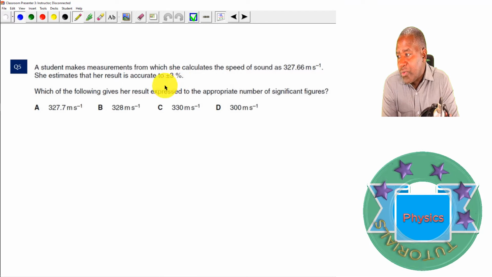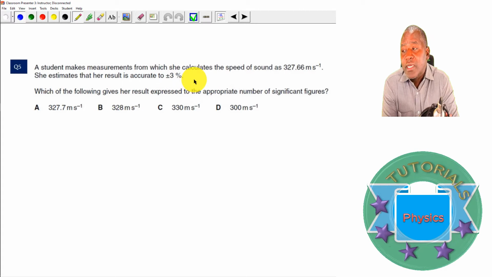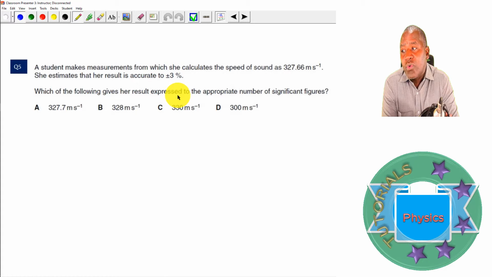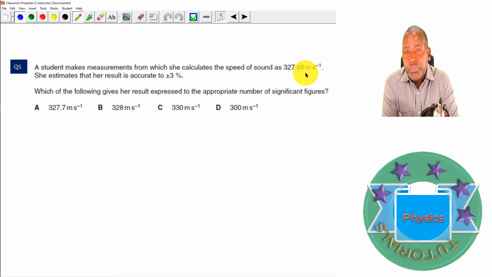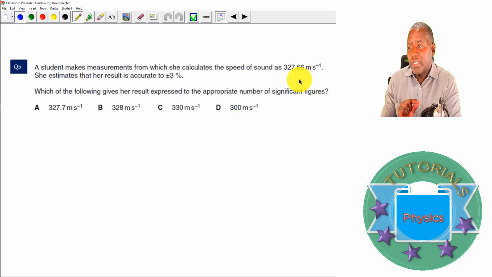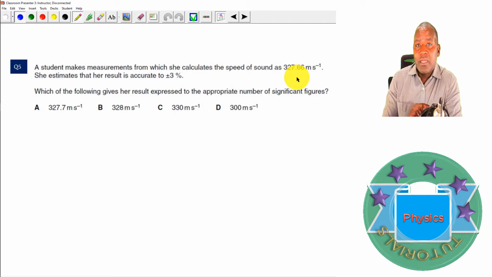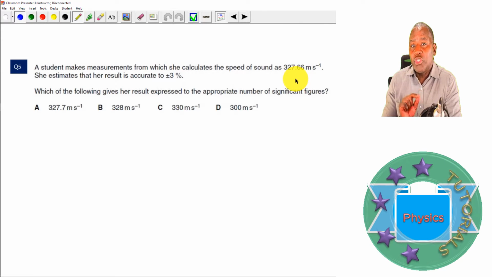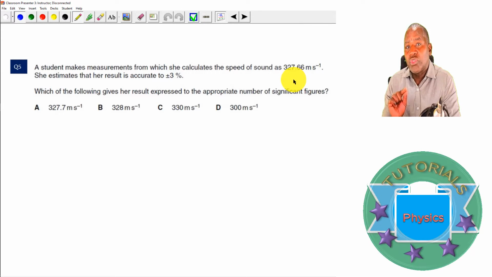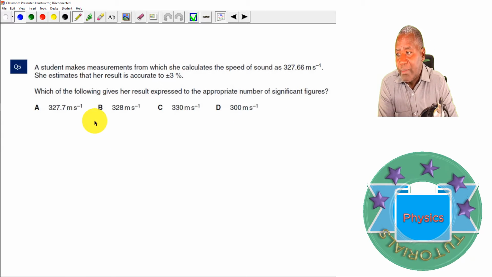But now they want us to use that to know how this value should have been written. And this is usually very common in examinations, whereby you work out your uncertainty, and then it should dictate how you should write your final answer. And this is what we are talking about.